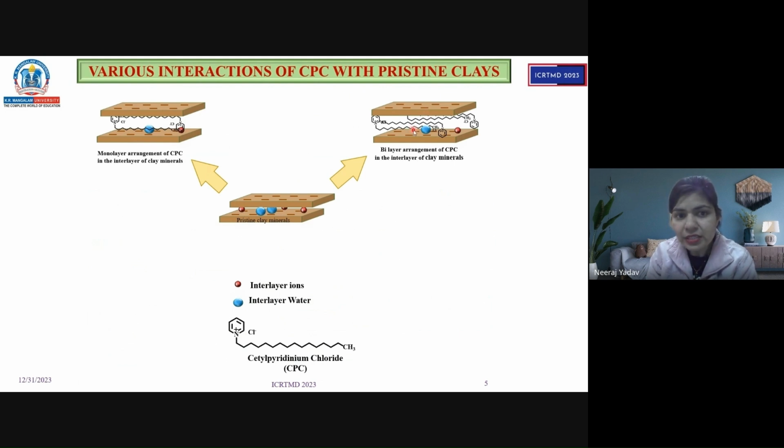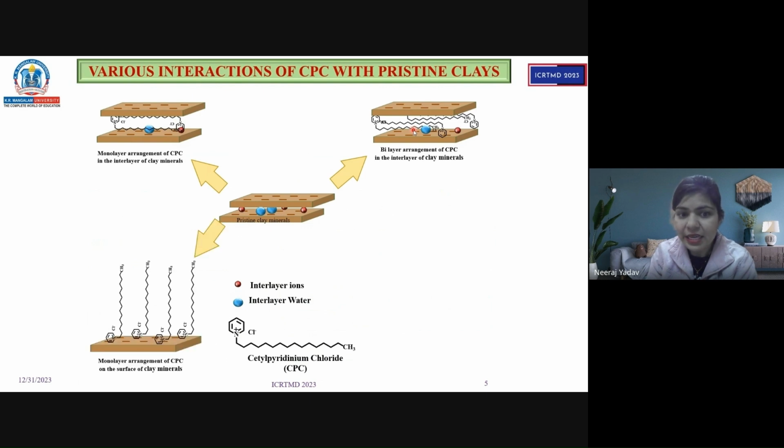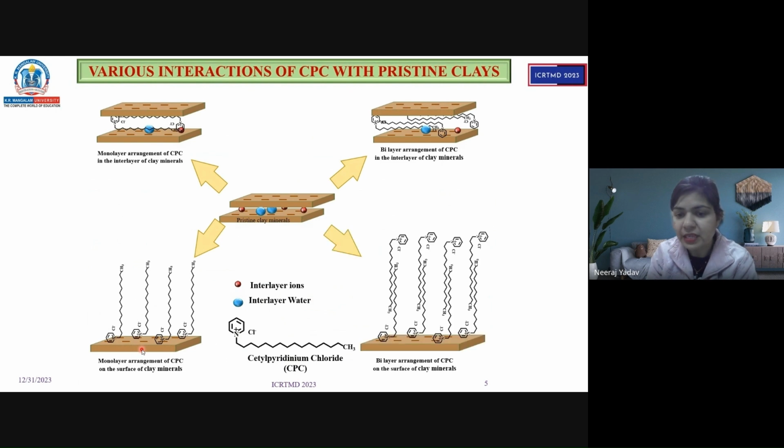As I told you, the surface of the clay minerals is negatively charged, so there is a possible electrostatic force of attraction between the positively charged CPC and the negatively charged clay minerals in both the monolayer and the double layer.